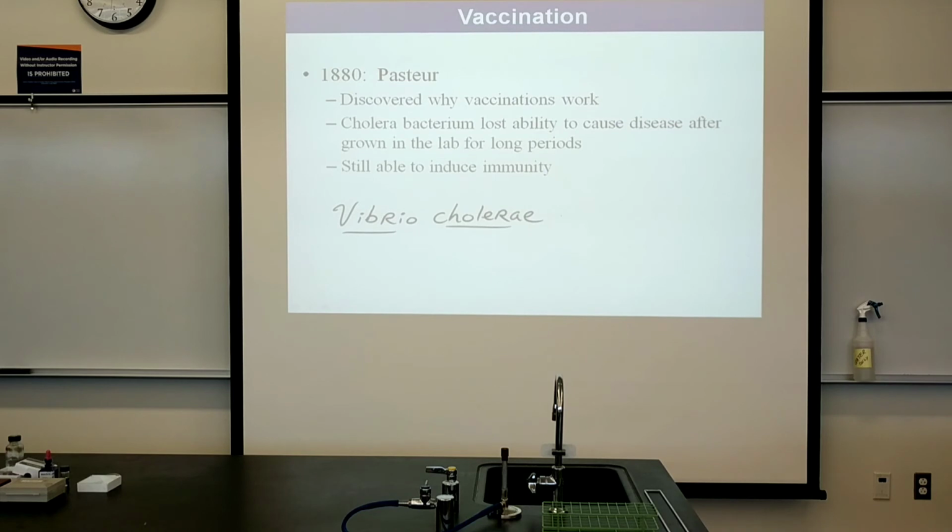And Vibrio cholerae are pathogenic bacteria that, when animals as well as humans swallow this organism, will bring about a fatal diarrhea.